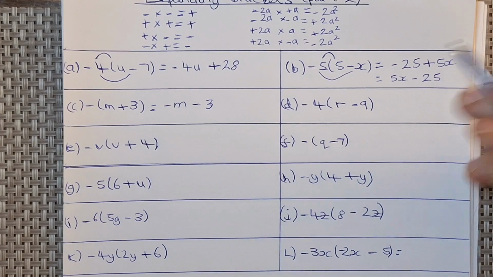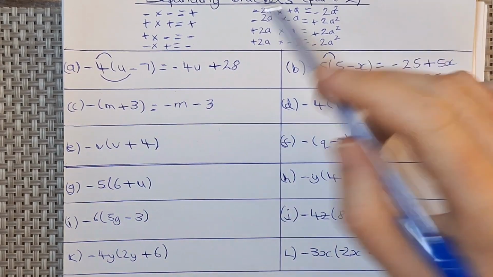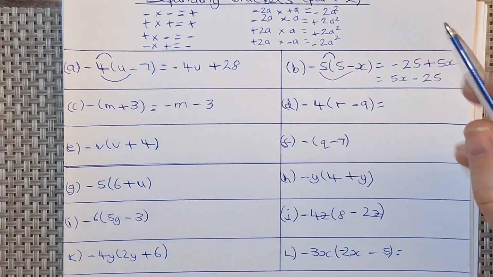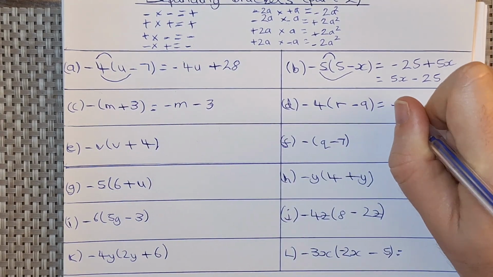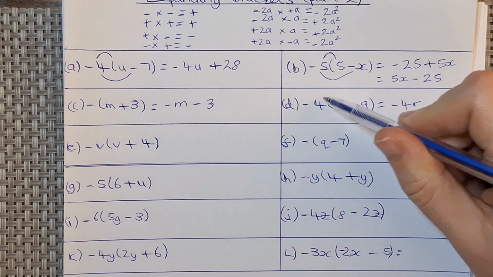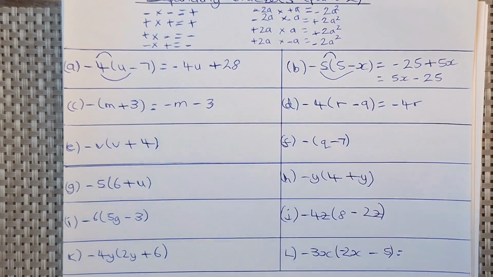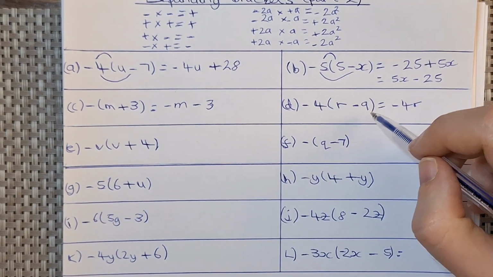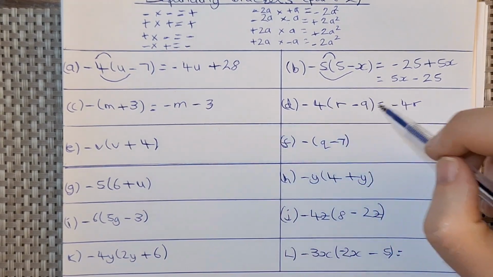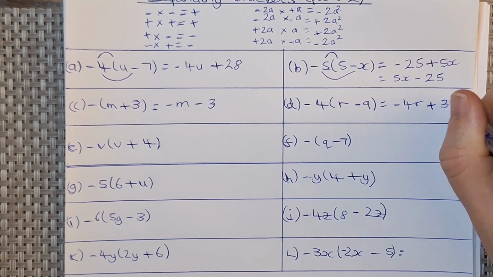Minus 4 times r: a negative times a positive gives a negative, so minus 4r. And minus 4 times minus 9: a minus times a minus gives a positive number. 4 times 9 is 36, so positive 36.